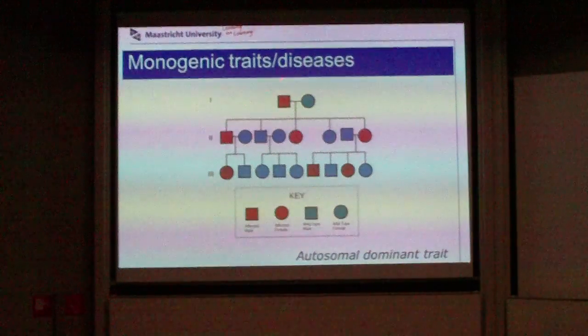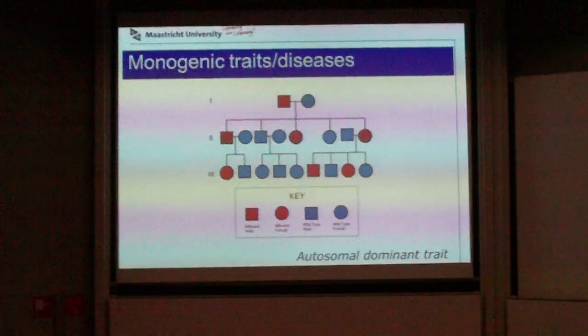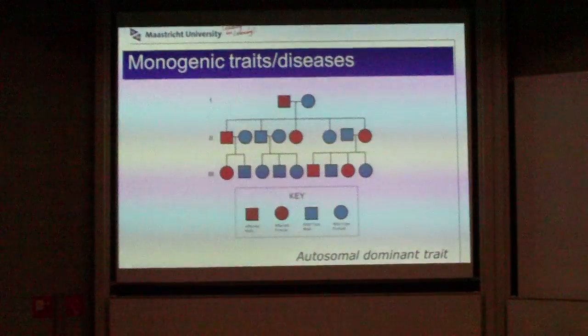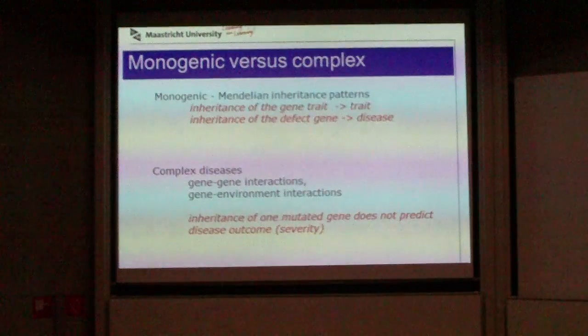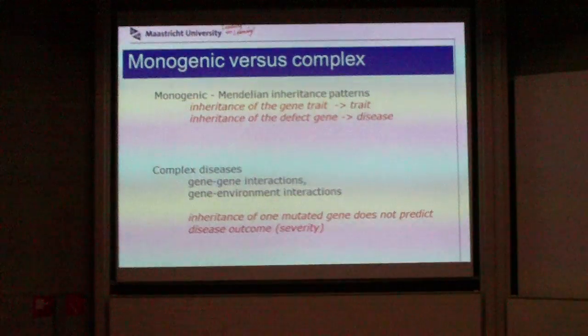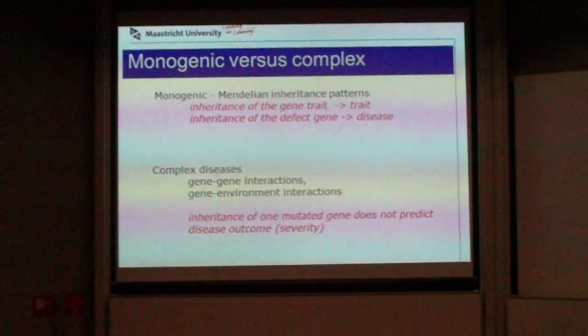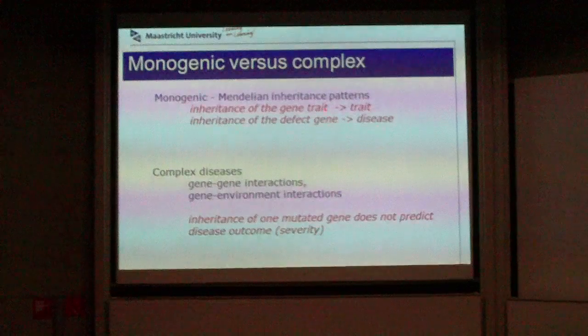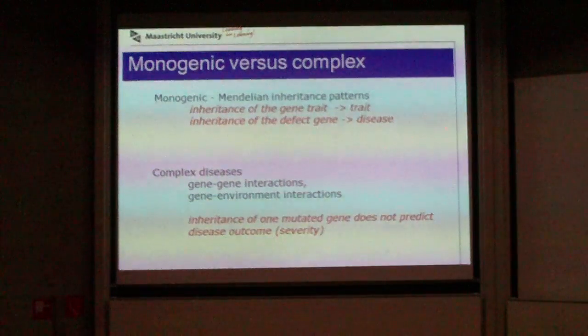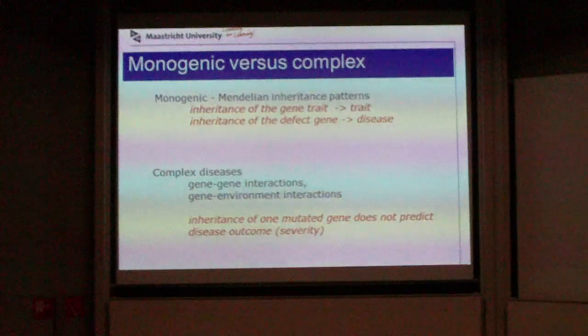If you look at how these pass on to the next generation, they follow Mendelian statistics. But that's only for monogenic things. So if you inherit one gene trait, it passes on this characteristic to the next generation, or if you have a defect gene, you inherit the disease.